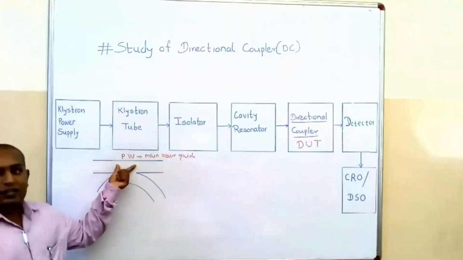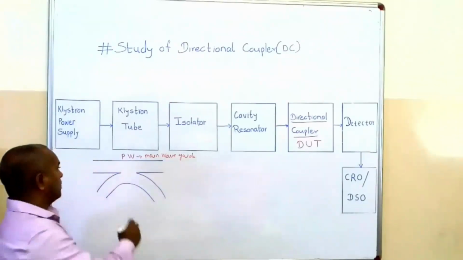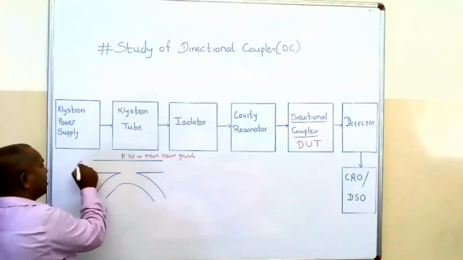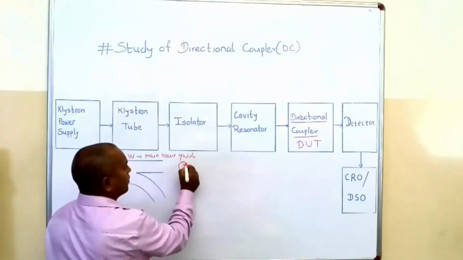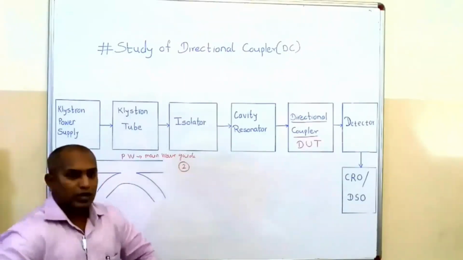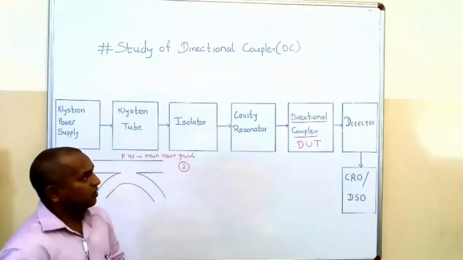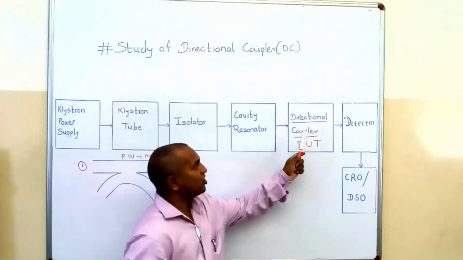The primary waveguide has two ports. This is our first port and this is our second port. We are looking at a new device, that is a directional coupler.